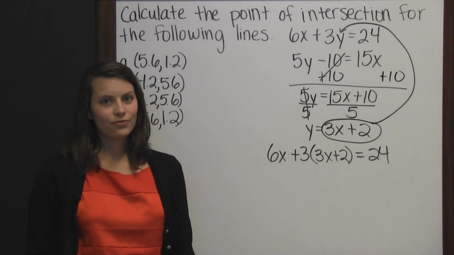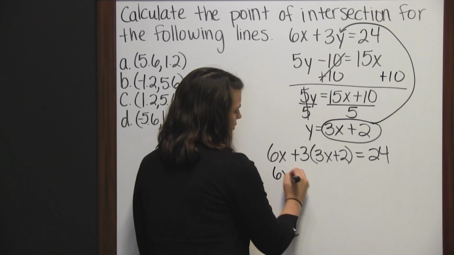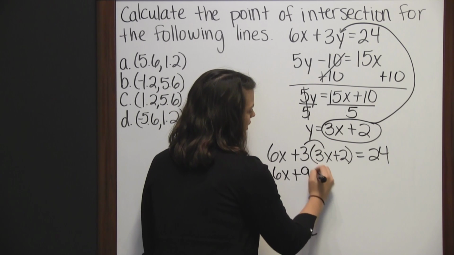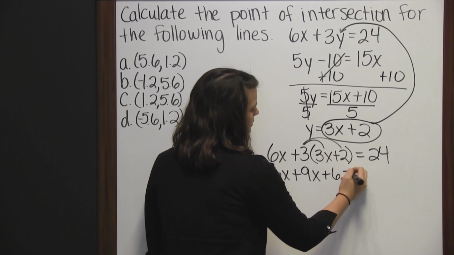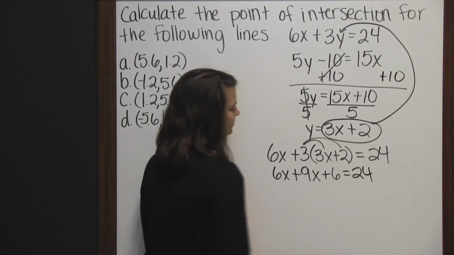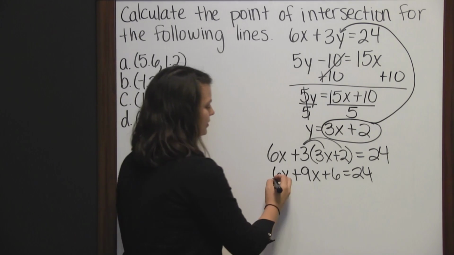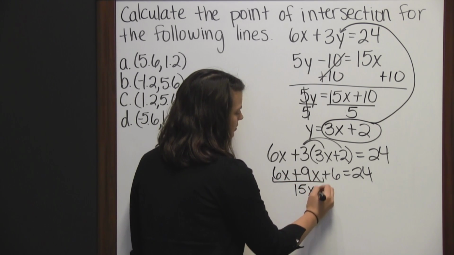And now we need to solve for x by first distributing. So 6x plus 3 times 3x is 9x. 3 times 2 is 6, so plus 6 equals 24. Next, we need to combine like terms. 6x plus 9x is 15x.